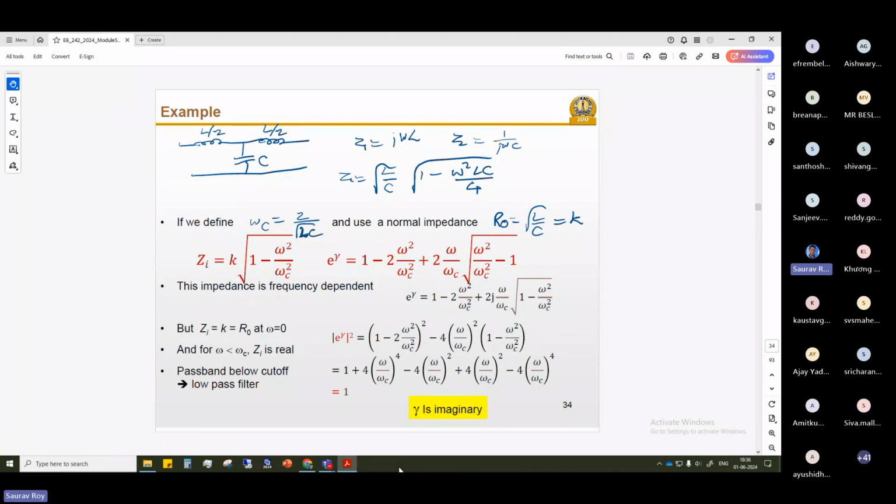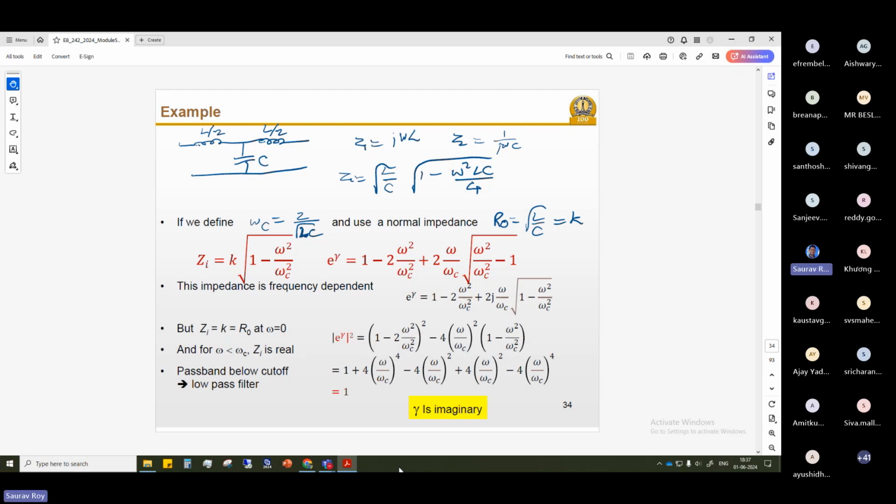Here, if you see, for the expression of ZI, we have square root of 1 minus omega by omega c square. In the expression of e to the power gamma, we have it opposite inside the square root. That means when ZI is real, gamma is imaginary, so the wave propagates.